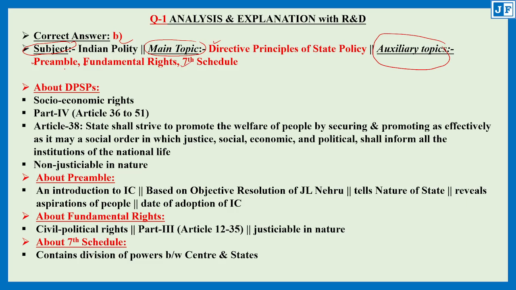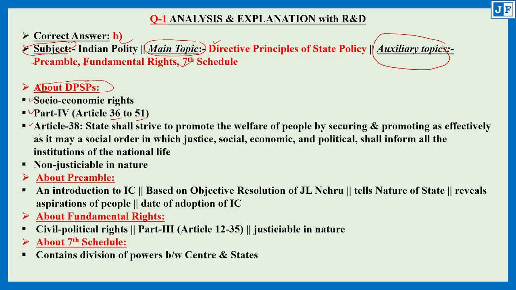These are Preamble, Fundamental Rights, 7th Schedule. Regarding DPSPs, we get to learn that these are socio-economic rights that are contained in Part 4 of Indian Constitution from Article 36 to 51.